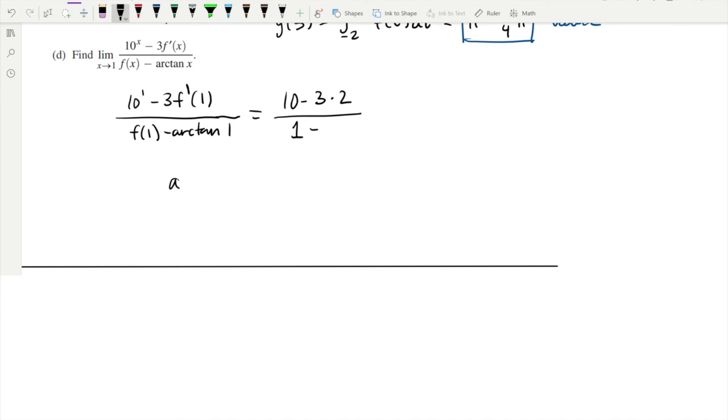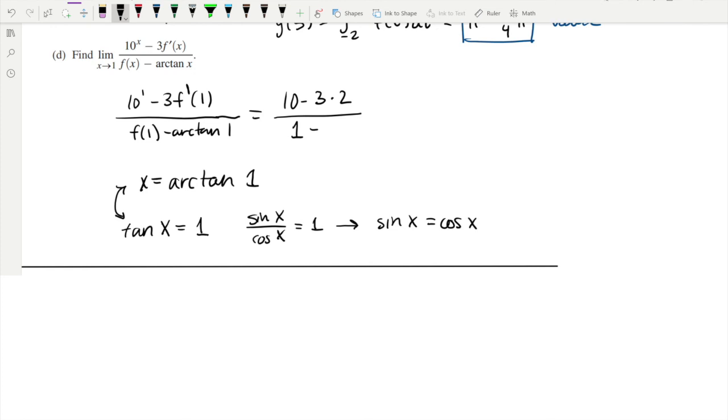Arctangent of 1. Okay, so if we're trying to find the arctangent of 1, let's say I'm going to call this x. This is saying x is the angle that has a tangent value equal to 1. These are equivalent statements. So what's an angle that has tangent equal to 1? Well, tangent is 1 where sine and cosine are the same, because sine over cosine would have to be 1, so that would mean sine is equal to cosine.